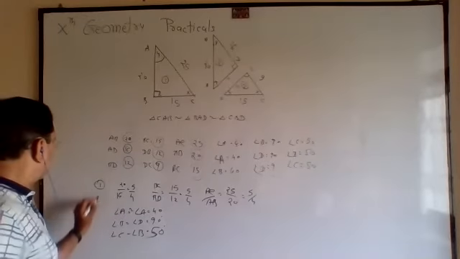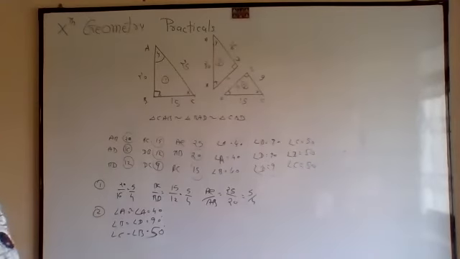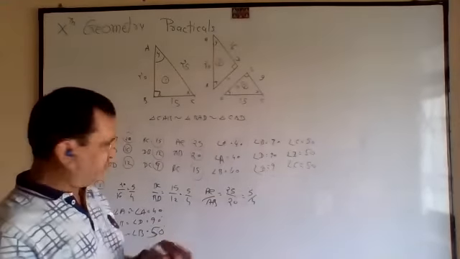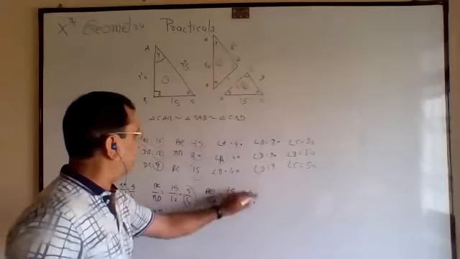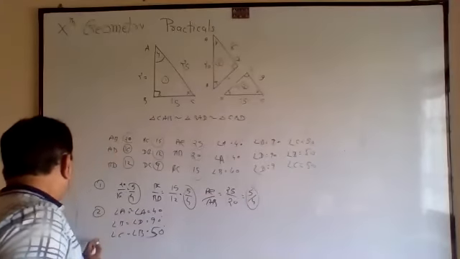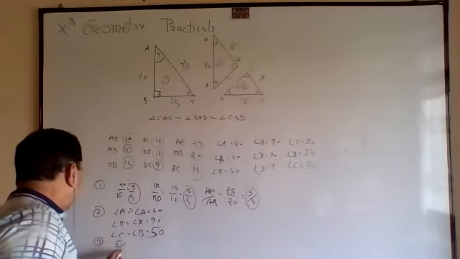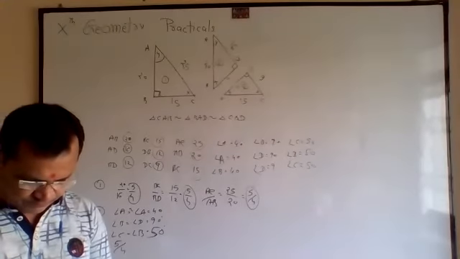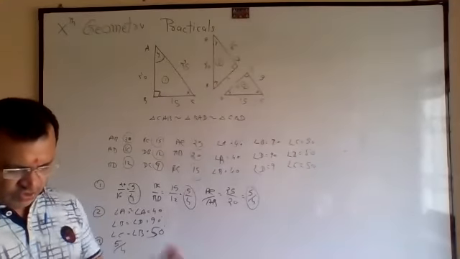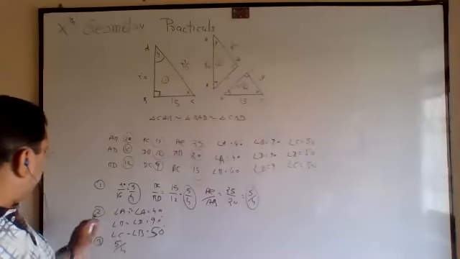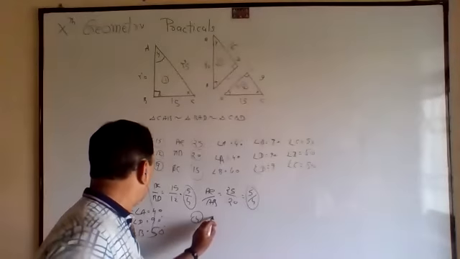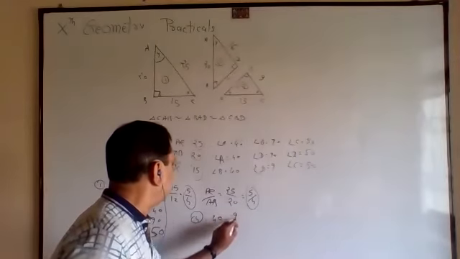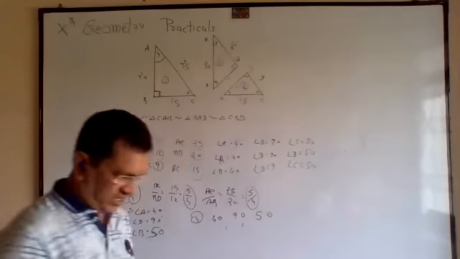This is first answer. This is second answer. In third column, all write 5 by 4, 5 by 4, 5 by 4. In fourth answer, you will write 40, 90, 50.